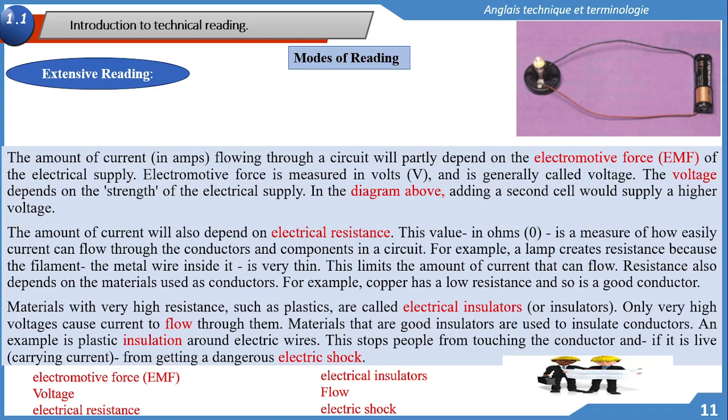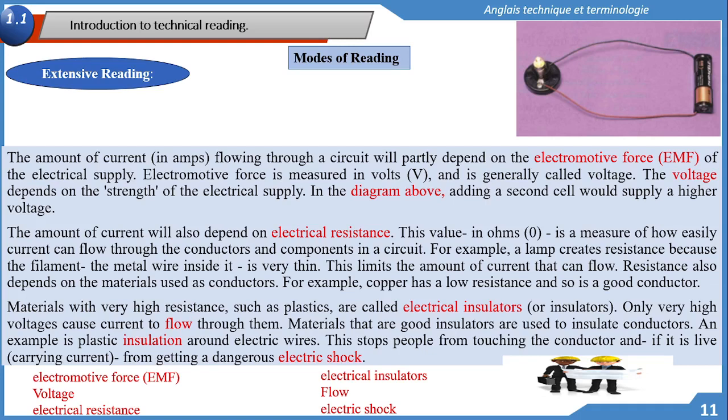This value, in ohms (Ω), is a measure of how easily current can flow through the conductors and components in a circuit. For example, a lamp creates resistance because the filament, the metal wire inside it, is very thin.